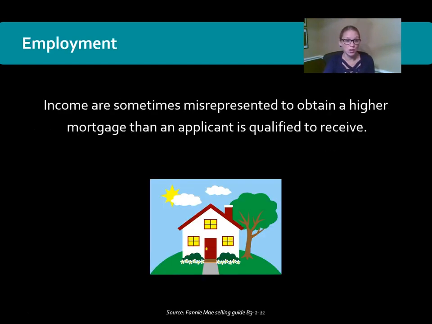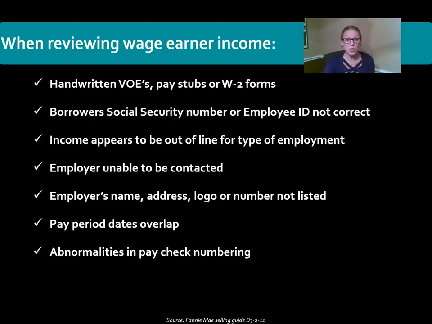Moving on to employment. A lot of times the borrower will misrepresent how much they actually make. Usually they'll inflate what they make to be able to be qualified for a larger, more expensive home. When reviewing a wage earner's income, these are some things that you want to look at that might be suspicious and cause red flags.